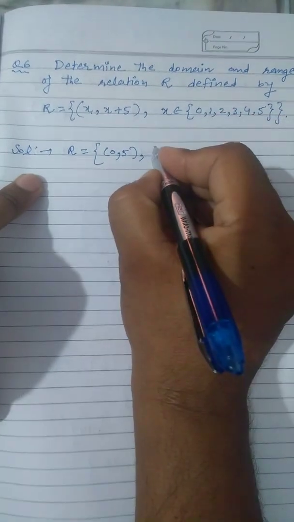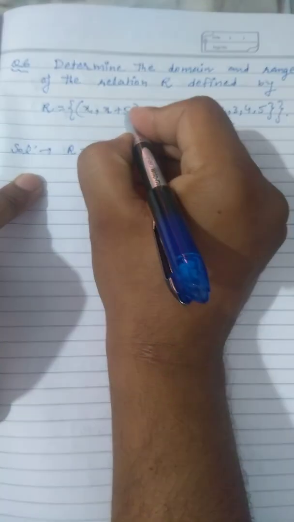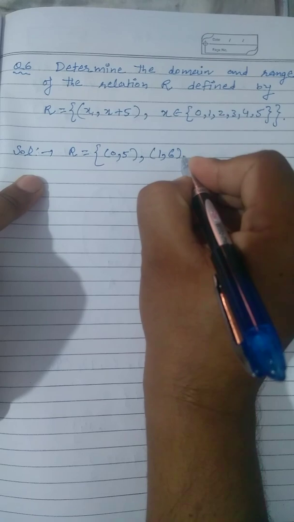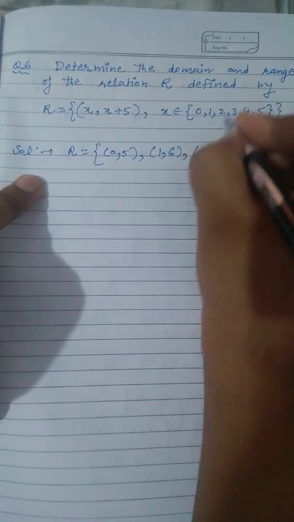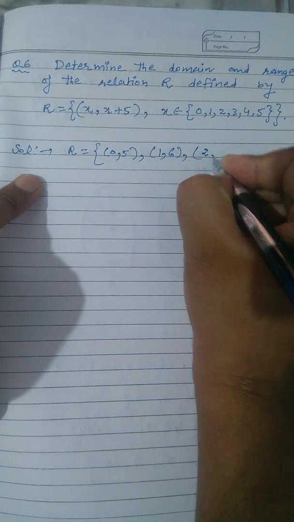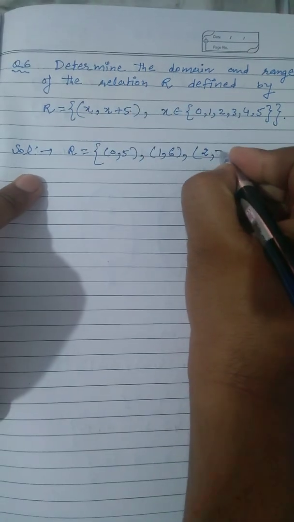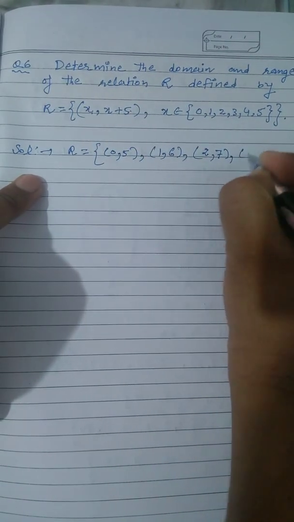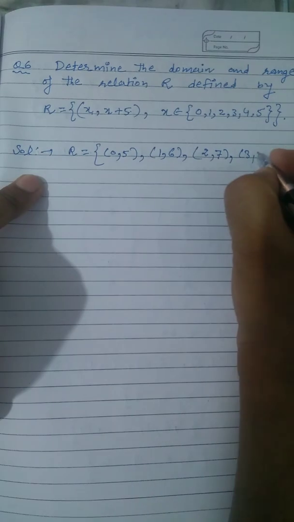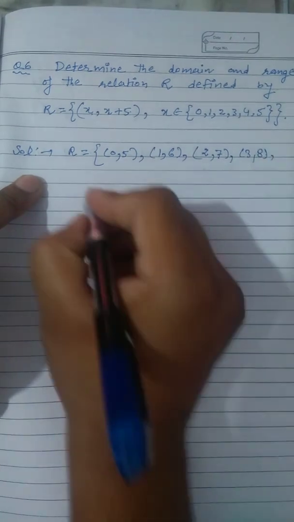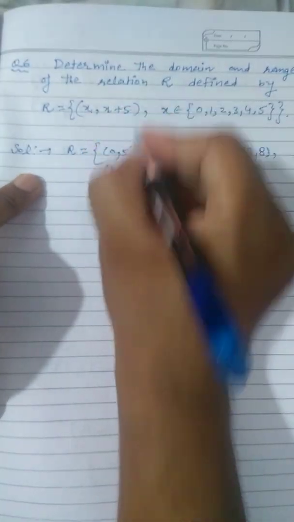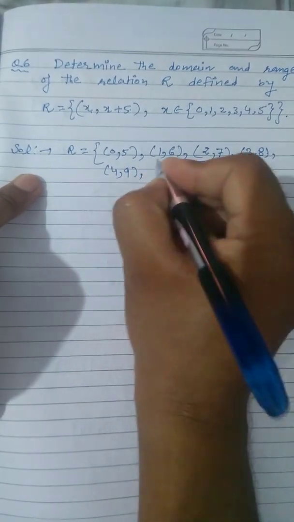Next, x value is 1, so 1 plus 5 is 6. This is y. Next, x is 2, 2 plus 5, 7. Then 3, 3 plus 5, 8. Then 4, 4 plus 5, 9.